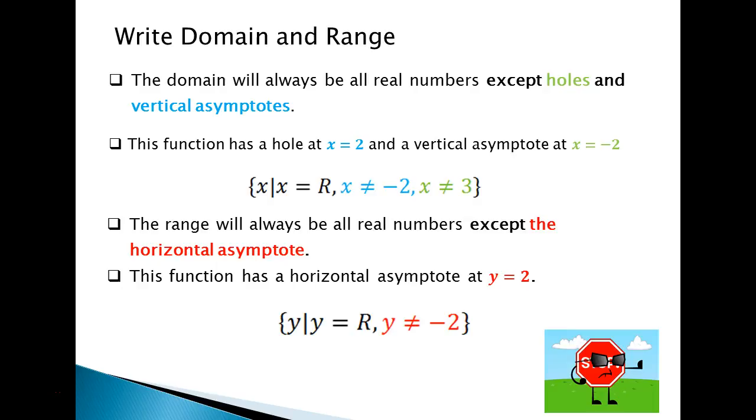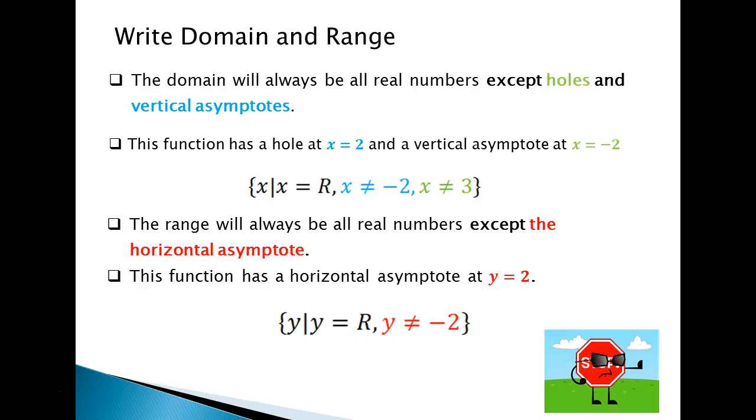Last, we'll find the domain and range. Now, this was a common mistake on your homework and on the quizzes. The domain will be all real numbers except the domain restrictions. On our homework and in class, we called those points of discontinuity. They include both holes and vertical asymptotes.